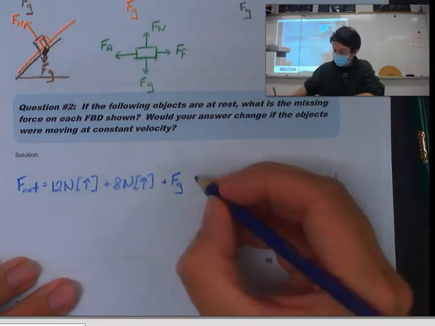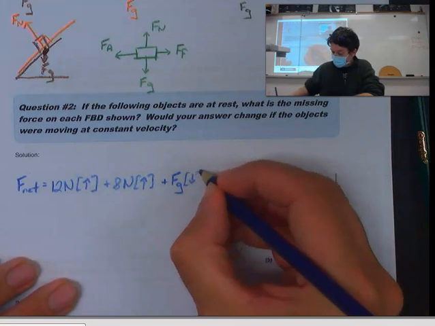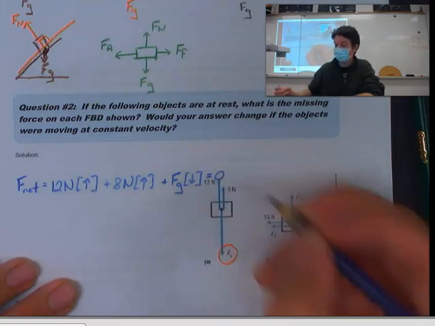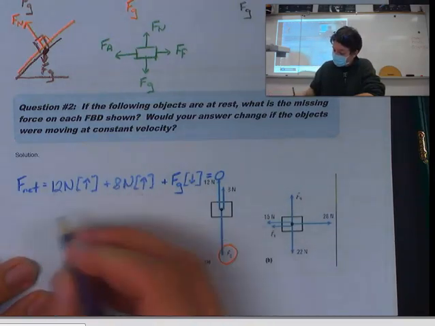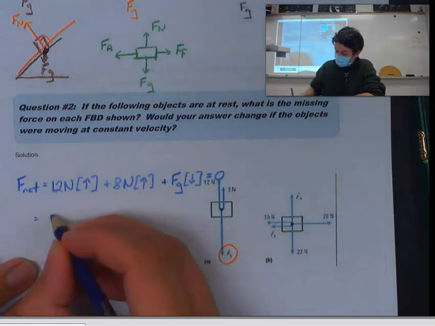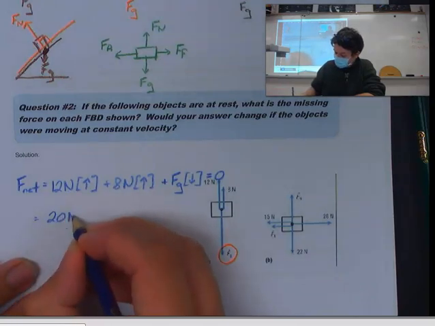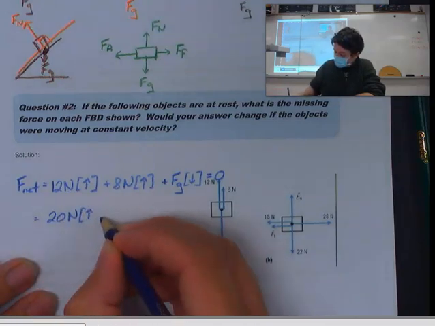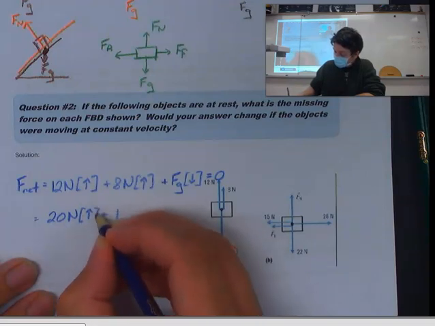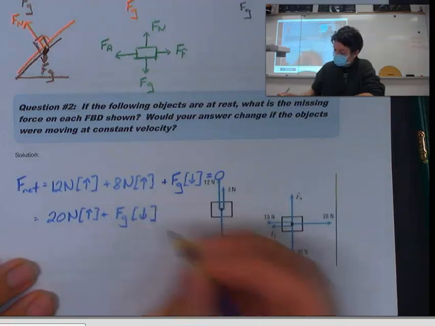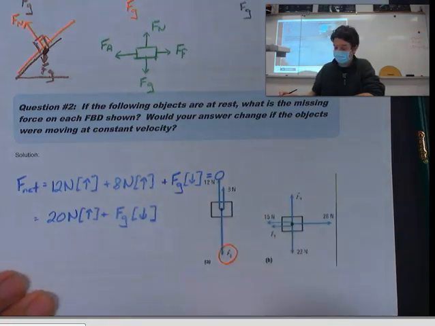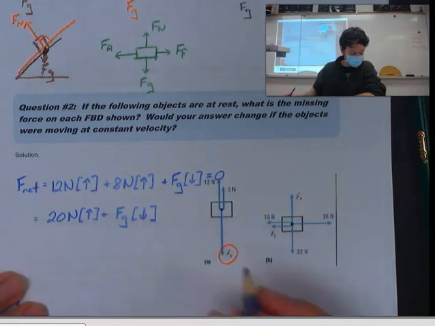And gravity is acting down, and it should all add to 0. So 12 plus 8 is simply 20 newtons up plus whatever gravity is down. And that should all add to 0.